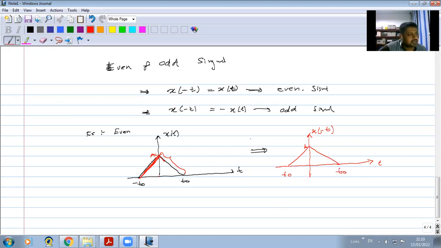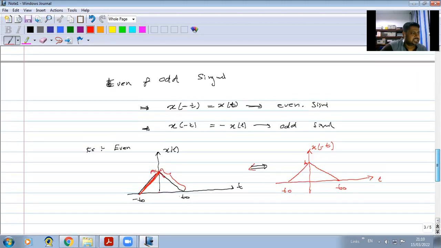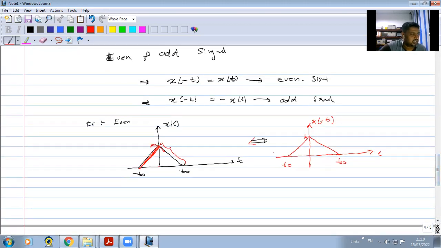So this is x(t) and this is x(-t). Please look at this. Both signals are the same, no? So this is an even signal. You can see that x(t) is equal to x(-t).